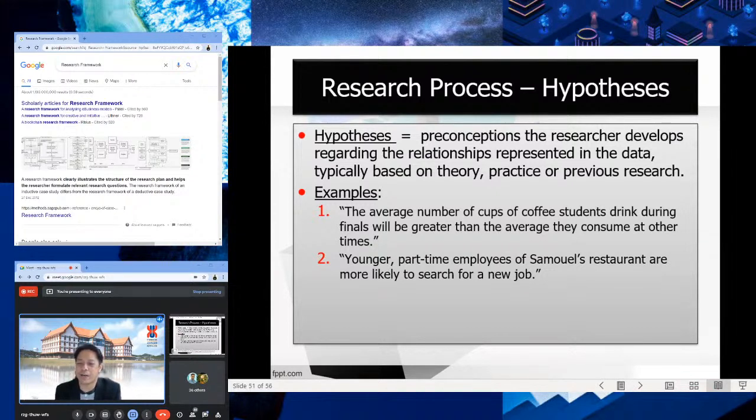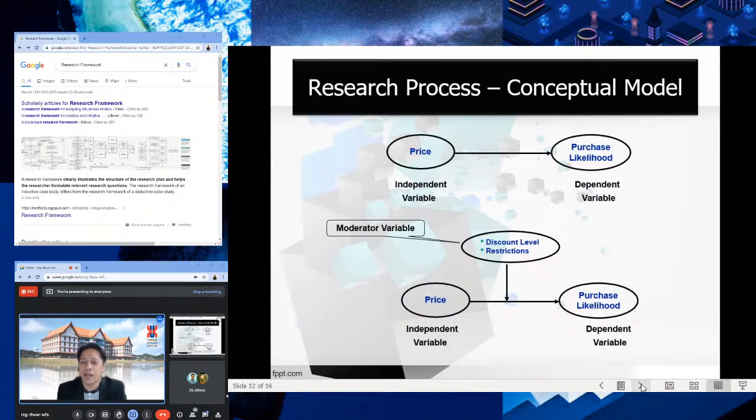Okay, I proceed. We still have time, so maybe we can set enough time for Q&A. Another important thing is to understand the conceptual model. As I said, when you develop the framework, it's the kerangka, very high level.